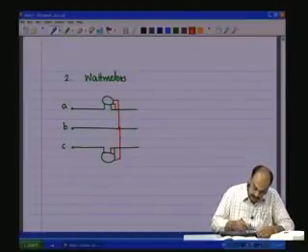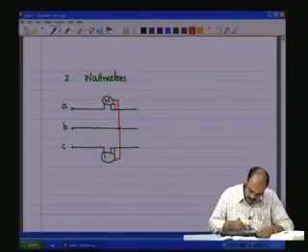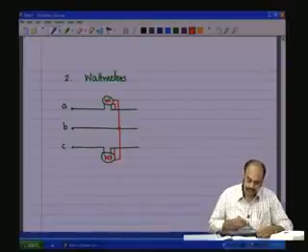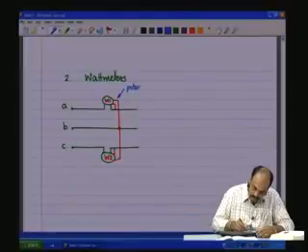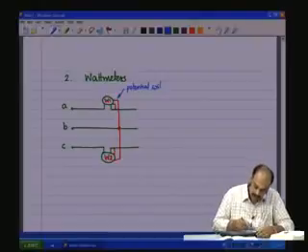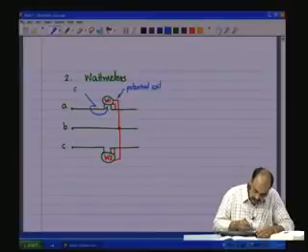So, this is a wattmeter W1, this is a wattmeter W2. This is the potential coil connection, and this is current coil connection.